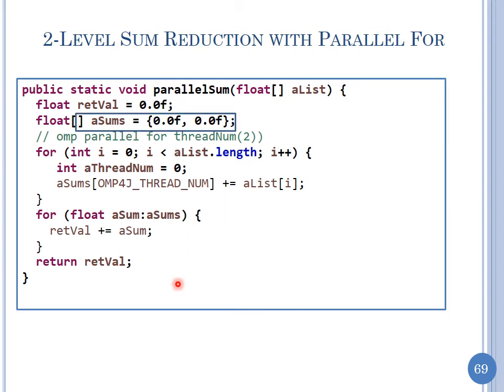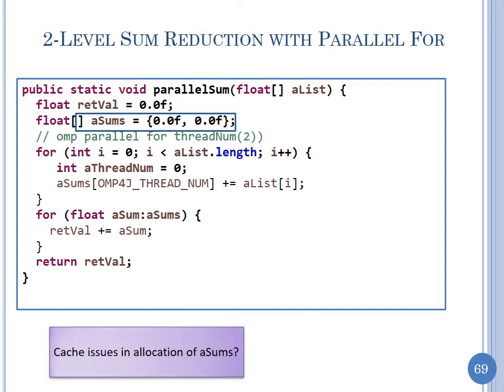So let's look at this particular statement here. I'm arguing that this will work, but this statement here tells us that this will not work efficiently, based on what we've already learned earlier in the lecture. Okay, and it has to do with cache issues. So hopefully you will get this quickly.